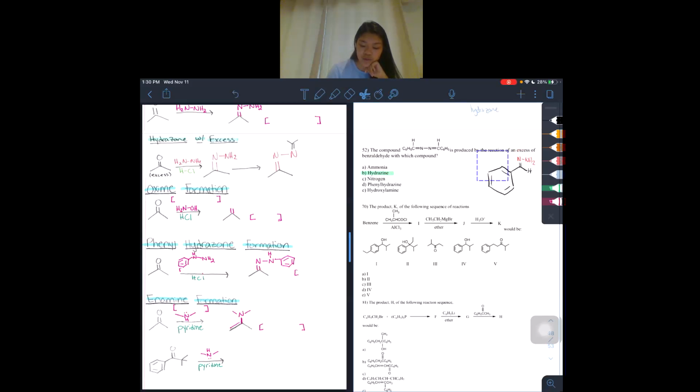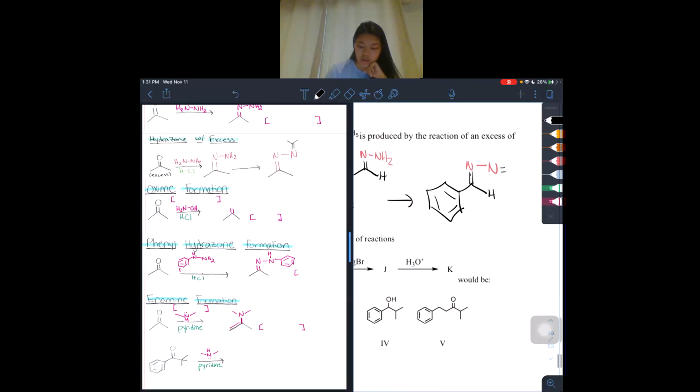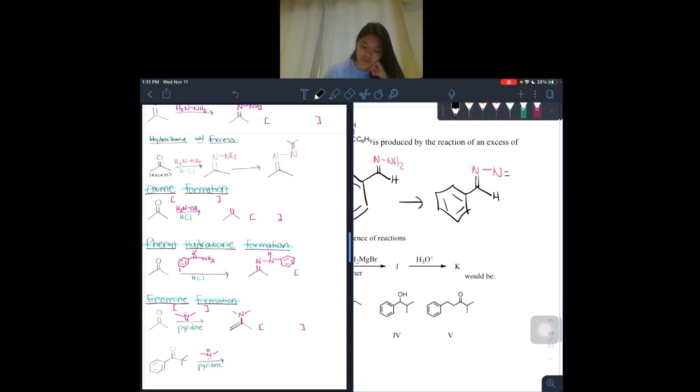And then we reacted it again. Let me scoot this guy over. So when we reacted again, we formed this guy, a nitrogen here, bonded to another nitrogen, and it's basically this group, but sideways. So let me move this and try my best to draw this. Let's see.